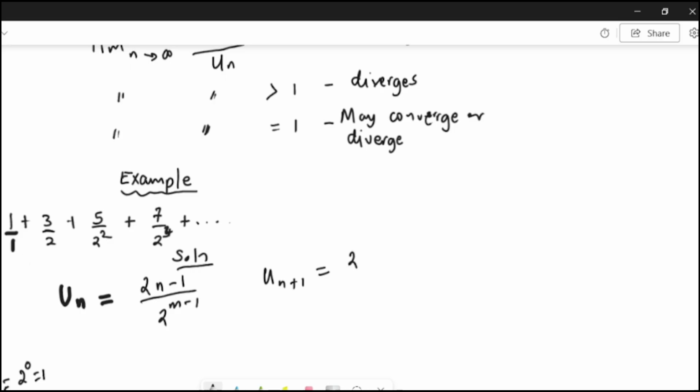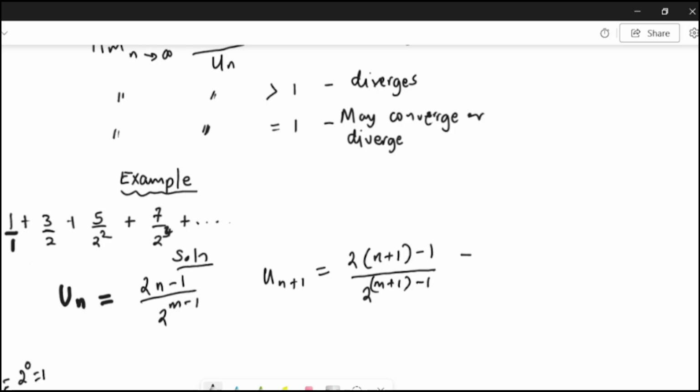So we're going to have 2 into n plus 1 minus 1 over the nth term, which is m plus 1 minus 1.